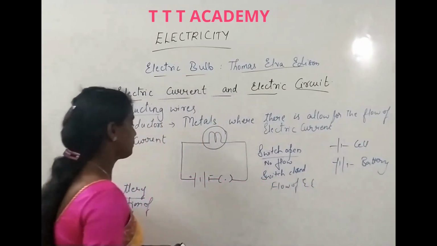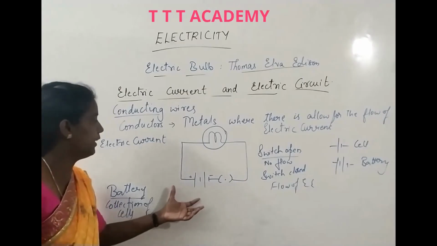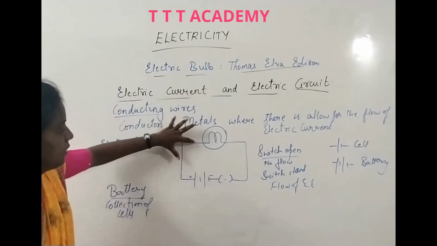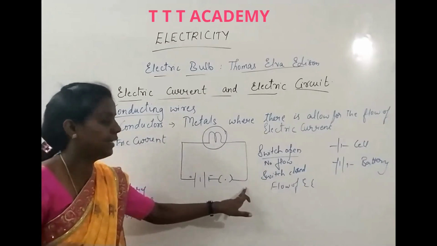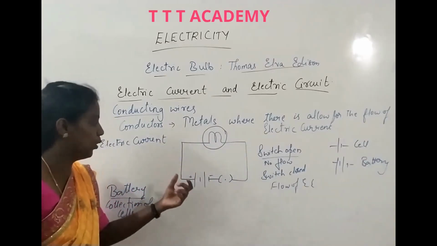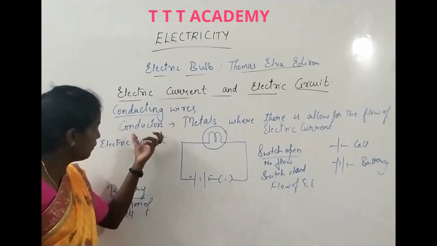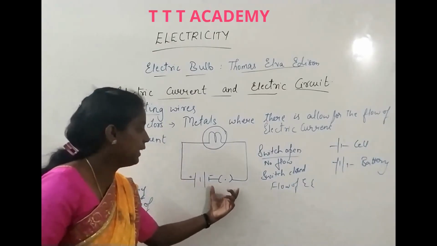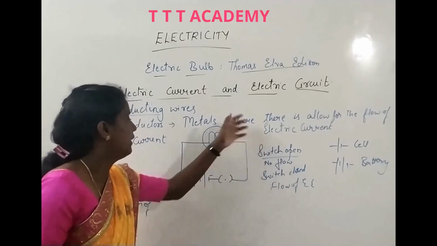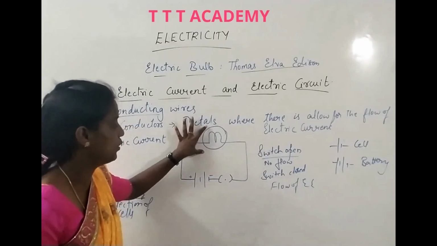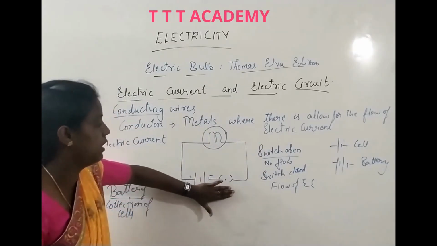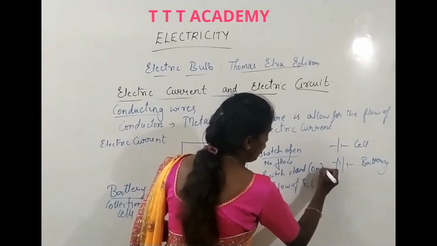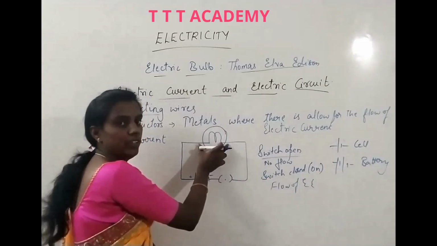So how does this electric current flow in this circuit? Now we know that this is a conducting wire. It may be copper or whichever metal. Metal is the one which is going to conduct the electric current. It is connected with the switch, and that is connected to the bulb. When the switch is closed, that is the on position, the bulb will glow.